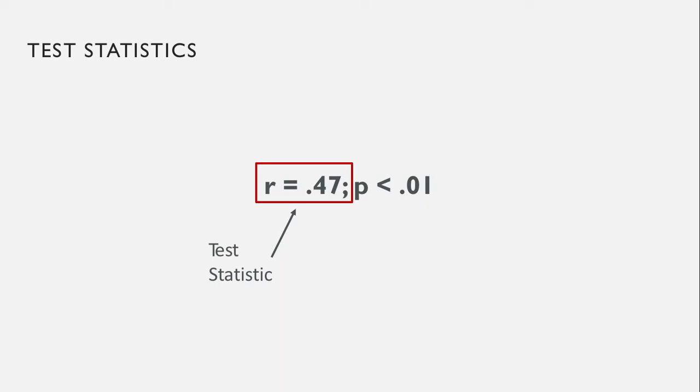The test statistic interpretation depends on which test you're using, but each test has its own test statistic to help us understand what happened with our data. And then the p-value tells us if that test statistic is significant or not.